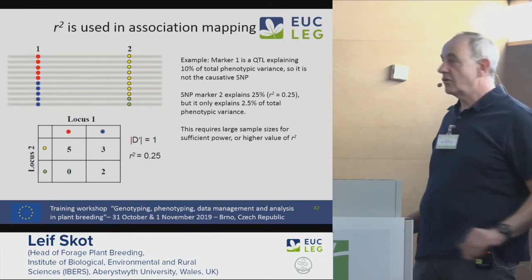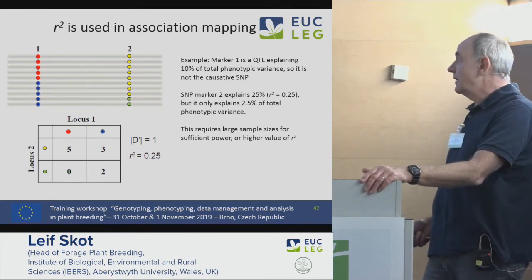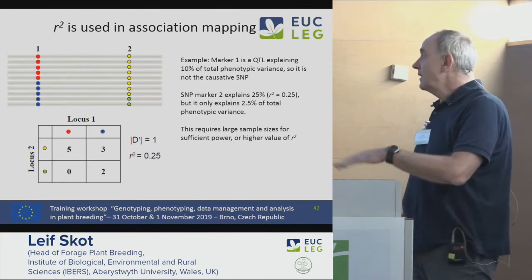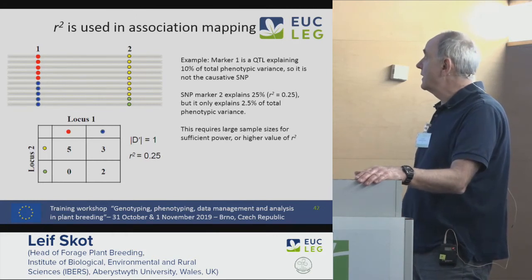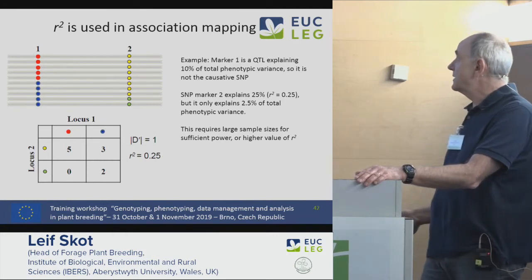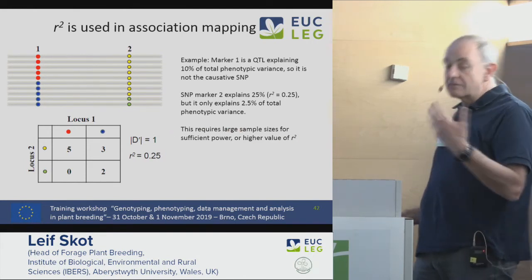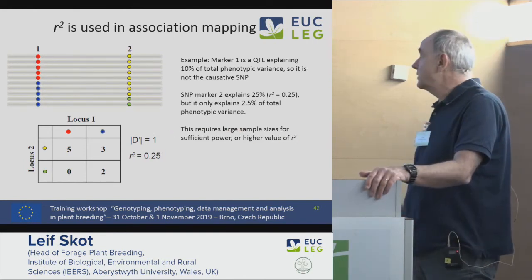That's another sobering lesson: if you have a marker not too closely in linkage disequilibrium with your QTL, then the association dips quite dramatically. That requires a large sample size for sufficient power, or ideally a higher value of R squared.